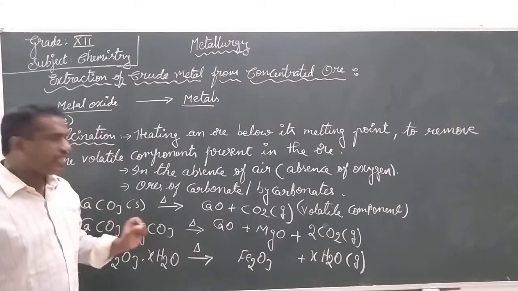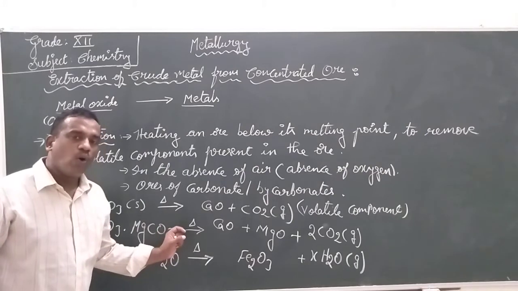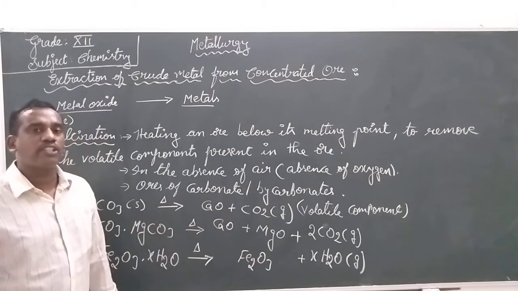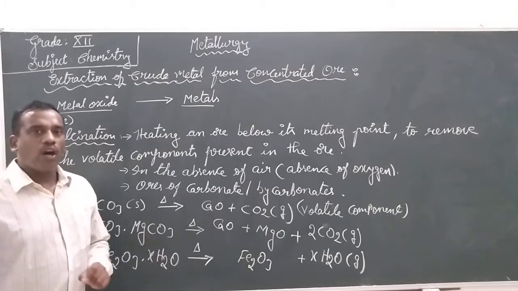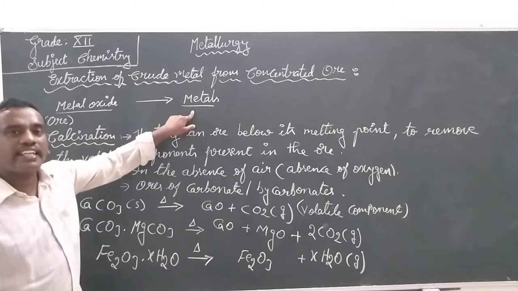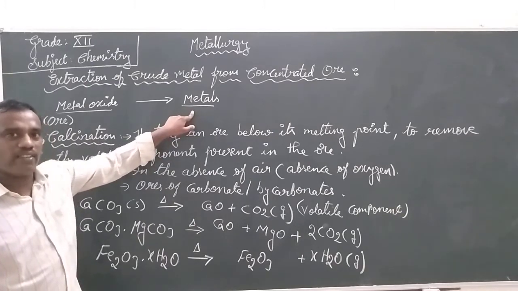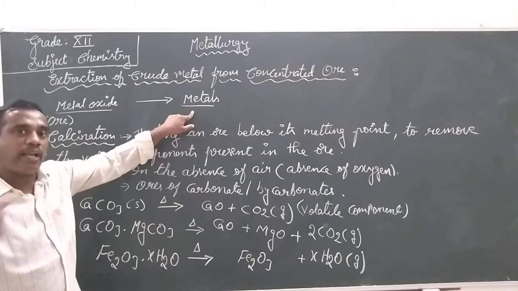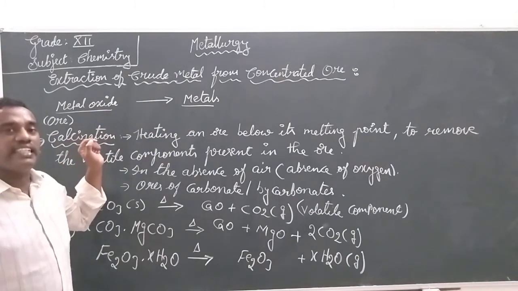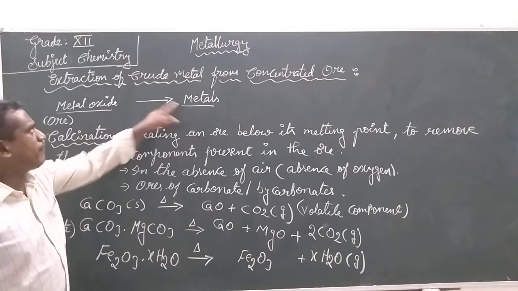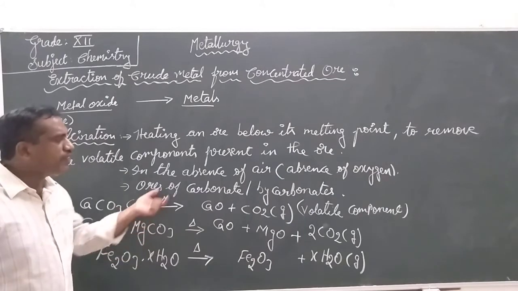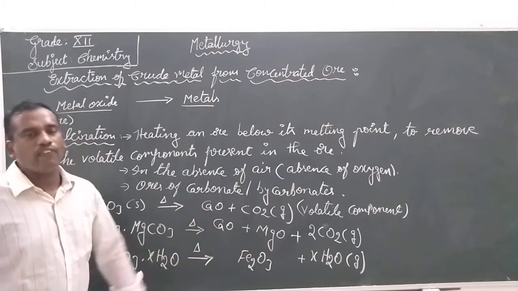Why convert the ore into the oxide form? Most of us will have a doubt, because any metal can be extracted directly from its oxide ore. It is easy to extract a metal from its metal oxide. So for any ore, we first try to convert it into the oxide form.